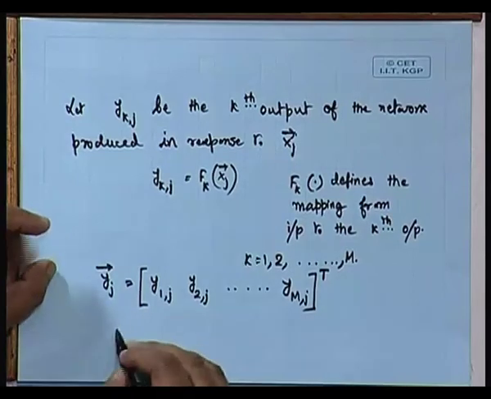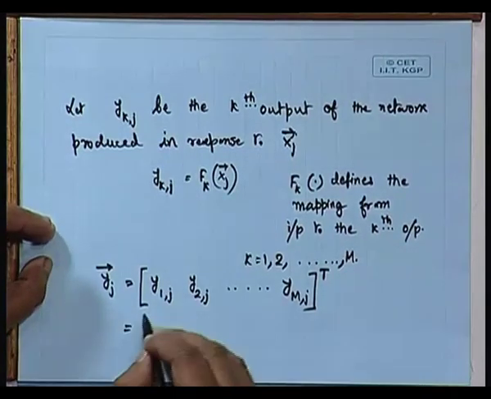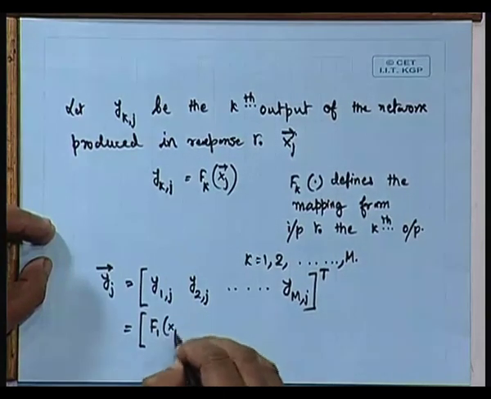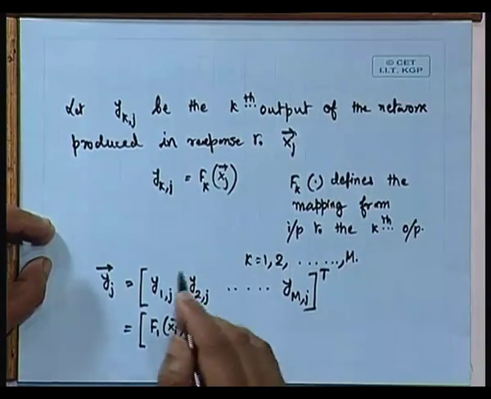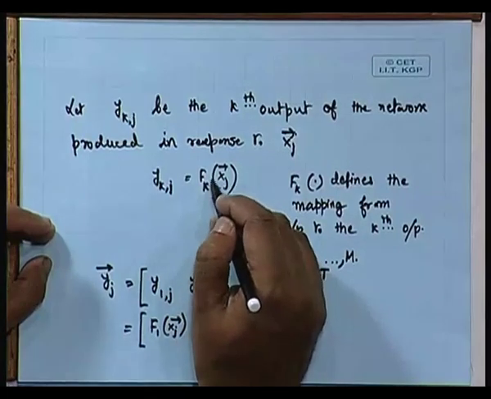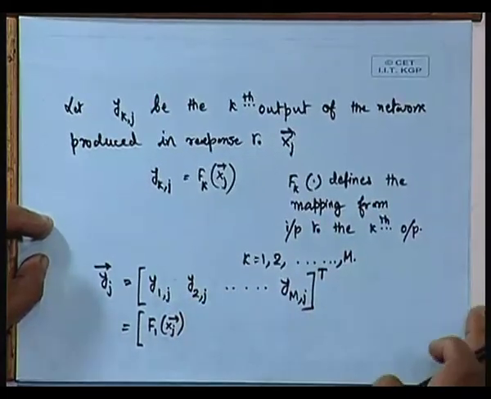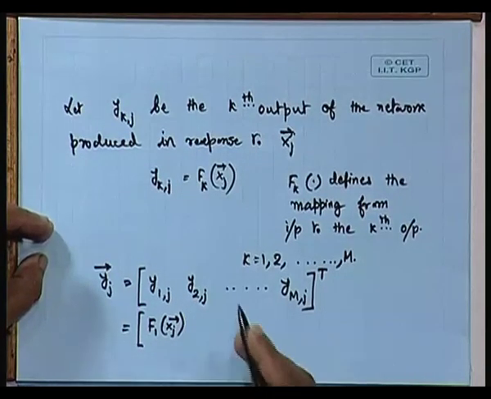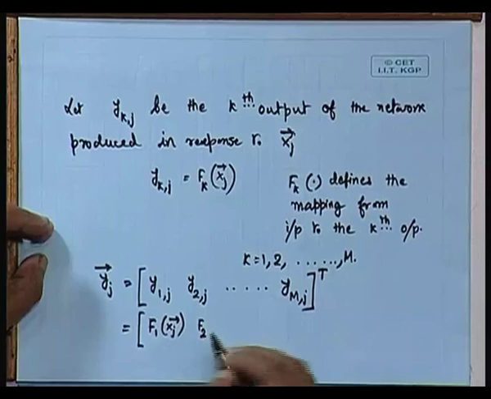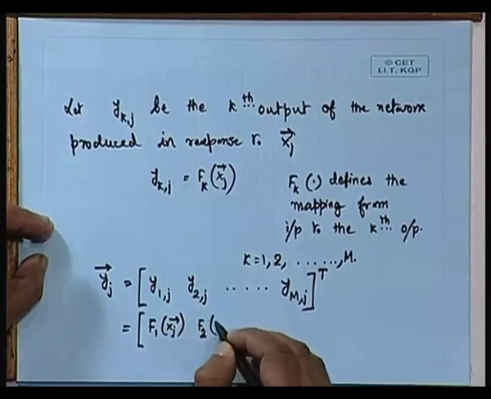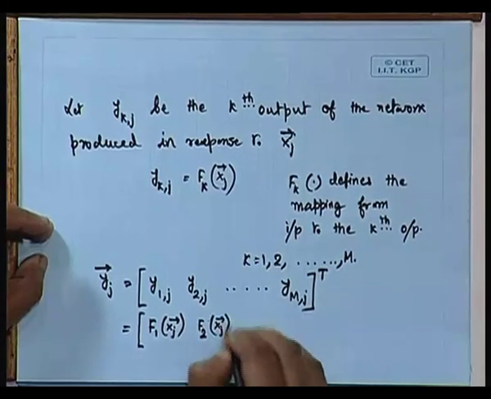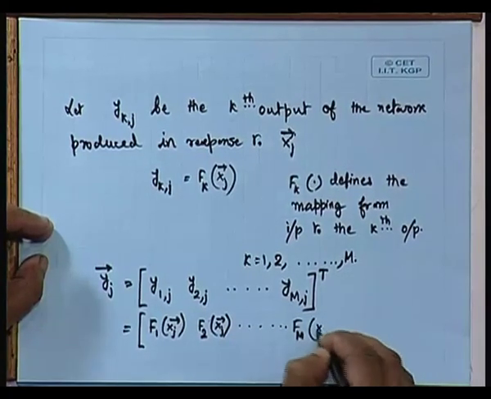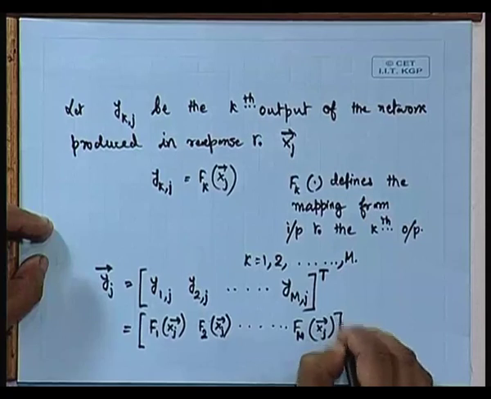So, now what is y1j? y1j is f1 of xj. So, this is the first representation. f1 is the mapping from the input to the first output, and likewise the mapping from input to the second output is going to be f2 of xj, and the last mapping will be fm of xj.